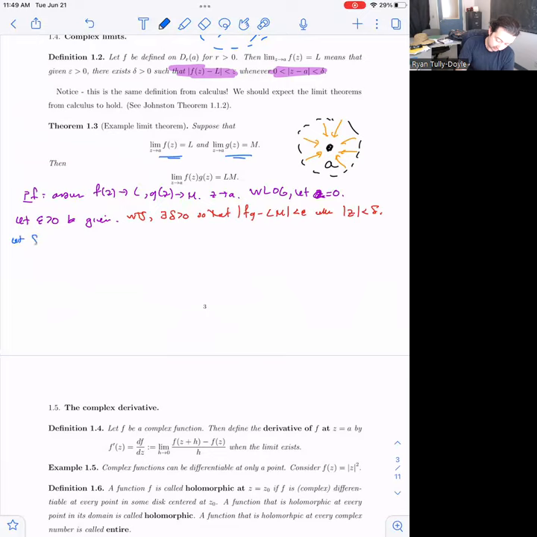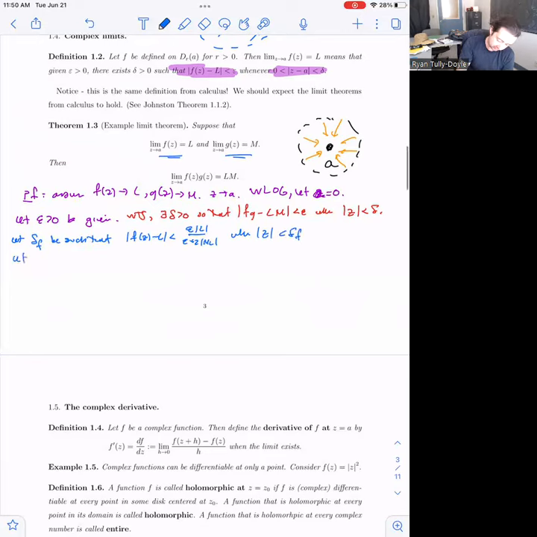So let's let delta f be such that, remember, f has a limit at 0, which means that for any epsilon I can find a delta that guarantees that the output is controlled by the input. So let's choose delta f so that the distance from f of z to L is less than this odd looking quantity, epsilon over the modulus of L, epsilon plus 2 times the modulus of M L, whenever the modulus of z is less than delta f.